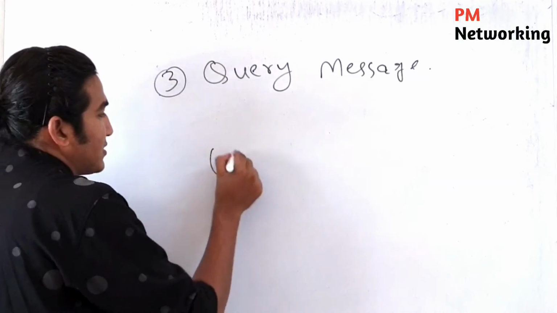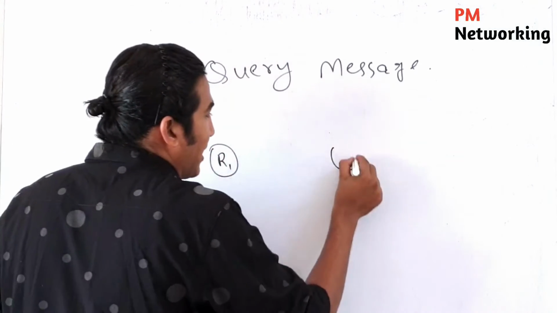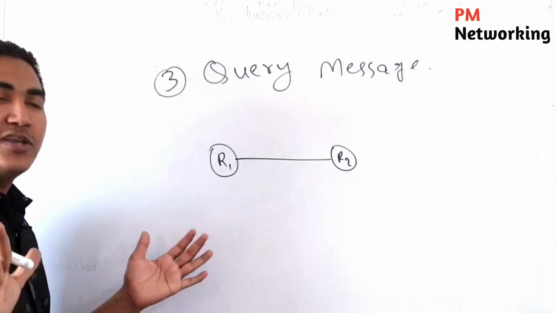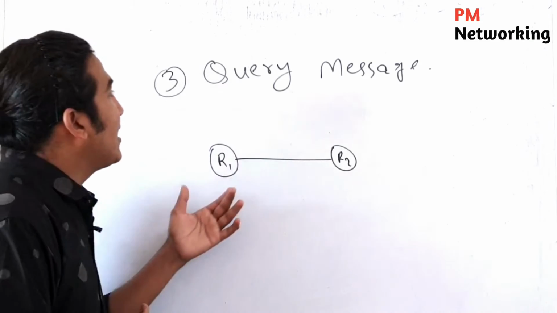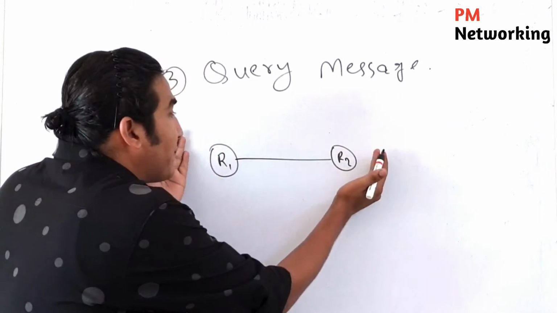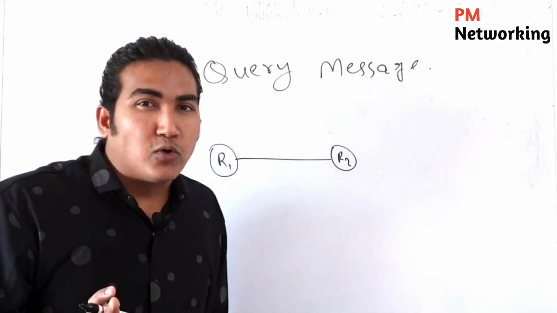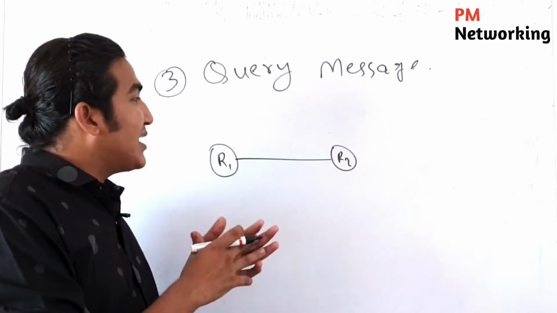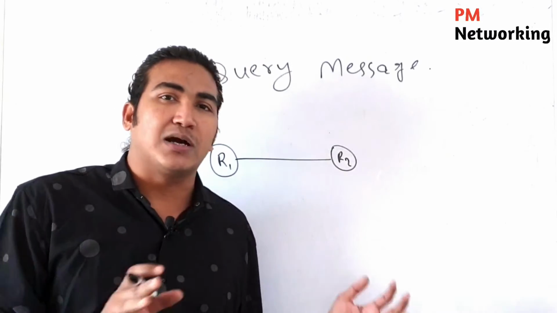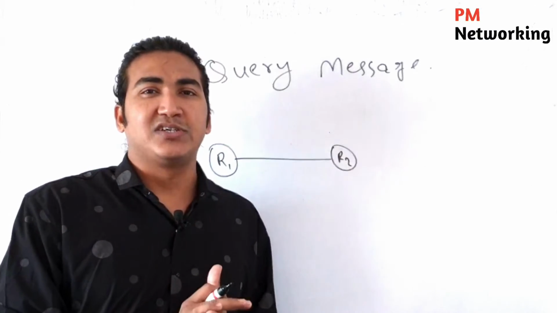Just suppose the same scenario, we have R1 and R2, two routers. Guys, now I am making each and everything clear, that's why I am drawing a small topology. We will practice in a large topology as well. Don't worry, you will learn each and everything about EIGRP in this series.